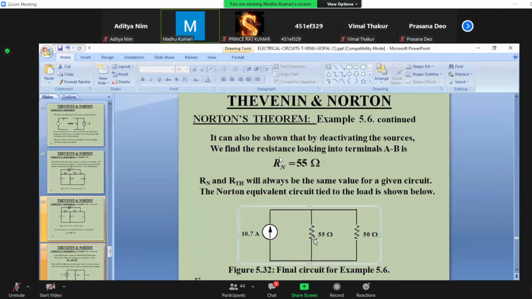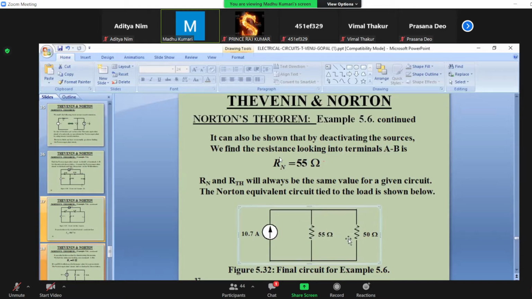Then connect the load resistance of 50 ohm. And we have to find out the current across 50 ohm, not across 55 ohm. Be careful about that, because our task is to find out the current across 50 ohm, that is the load resistance. Now use the current division rule.